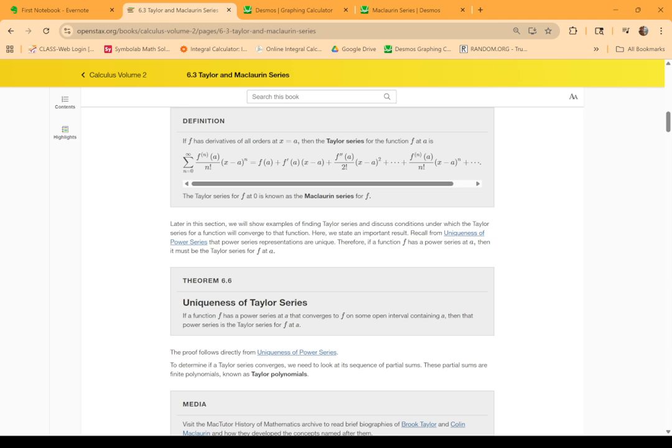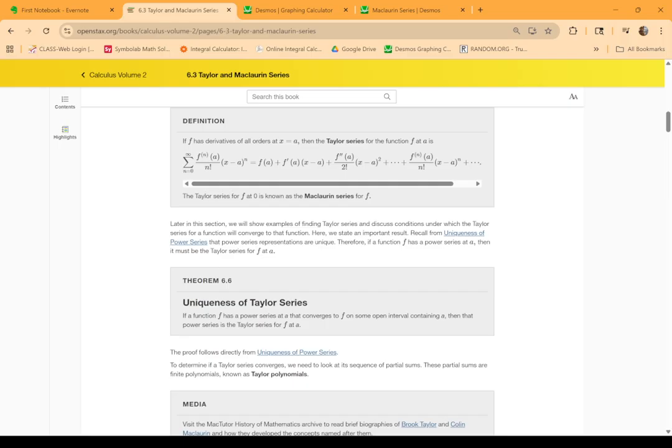It just needs to be defined at the center a. And this is what a Taylor series is. If you see here, the coefficients are these f to the n of a over n factorial, times x minus a to the n, and then our standard power series with the coefficients chosen in this particular manner.